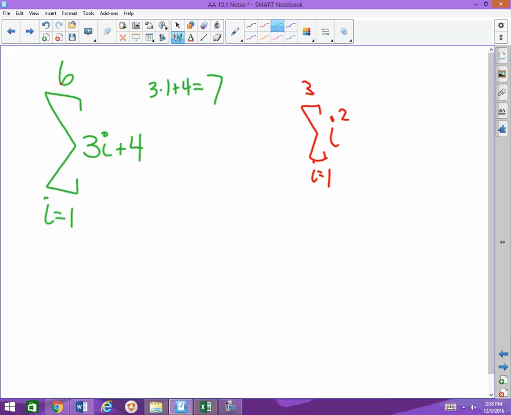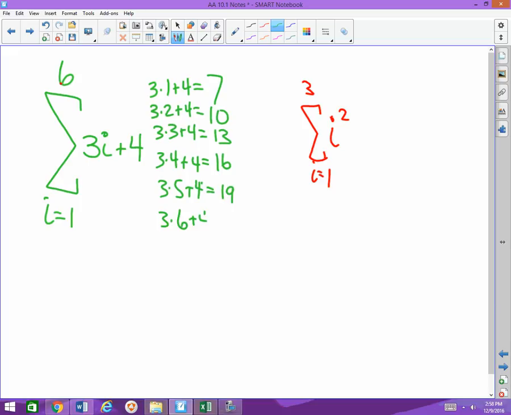And then 3 times 2 plus 4, which is 10. 3 times 3 plus 4, which is 13. 3 times 4 plus 4, which is 16. 3 times 5 plus 4, and that's 19. And 3 times 6 plus 4, which is 22.